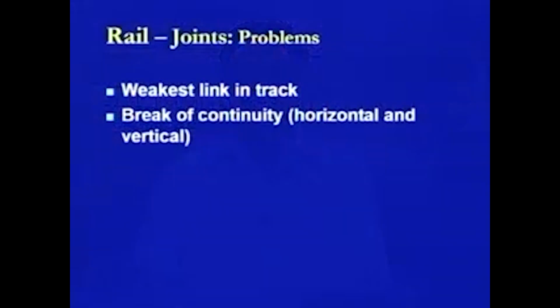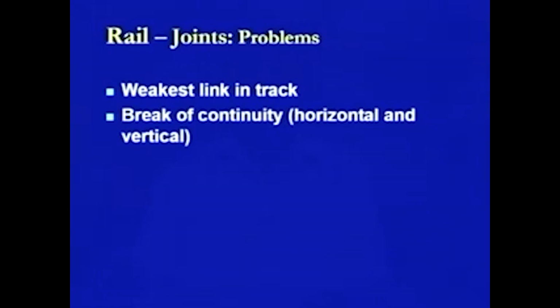Another thing is that there is a break of continuity in the two directions. It is a break in the horizontal direction as well as in the vertical direction. Now, when there is a break in the horizontal direction, it is going to create a certain amount of jerk, and because of these jerks, discomfort will be stimulated.